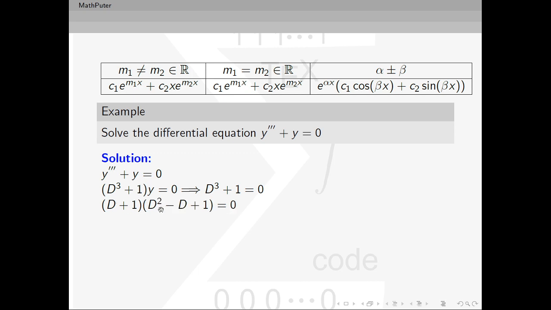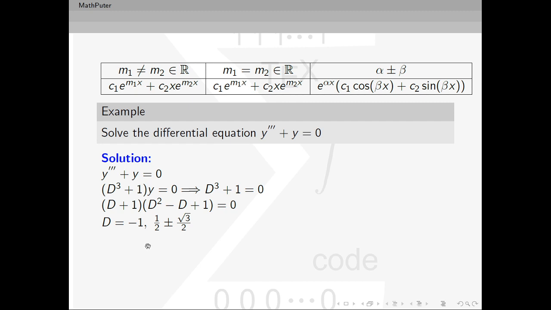It is D plus 1 into D square minus D plus 1. So either this is 0 or this is 0. We are not going to solve these two; I am mentioning the roots directly. D is equal to minus 1 and 1 upon 2 plus or minus, actually this is complex, 1 upon 2 plus or minus i square root 3 divided by 2.